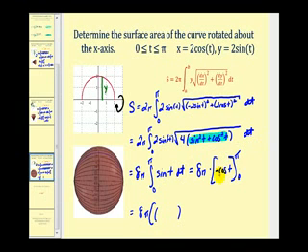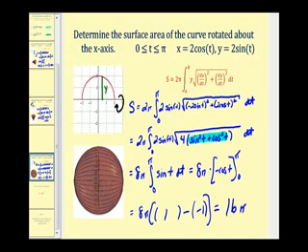Well, cosine pi is negative 1, so the opposite of negative 1 is positive 1, minus, well, cosine 0 is 1, and the opposite of 1 would be negative 1. So we'll have 1 minus negative 1. That'll give us 2. 2 times 8 pi is 16 pi. So the surface area of this sphere is 16 pi square units.